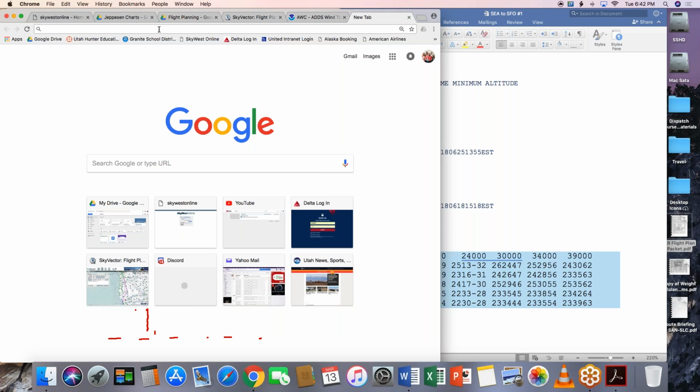And then our runway. And that tells us on the bottom there, 29. So there's a 29 and then a minus sign, so minus 29.